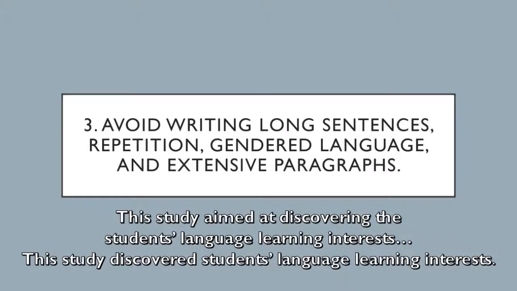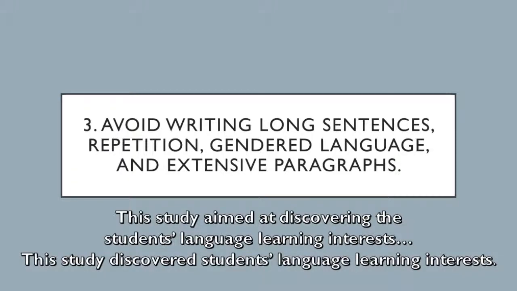And you can see here how this verb aimed was replaced by something that's stronger, like discovered, which can actually impact your reader. In terms of gendered language, we want to avoid using men, mankind, or him, and using more inclusive language like humanity, men and women, or him and her. And of course, try to avoid extensive paragraphs that are going to lose your reader.